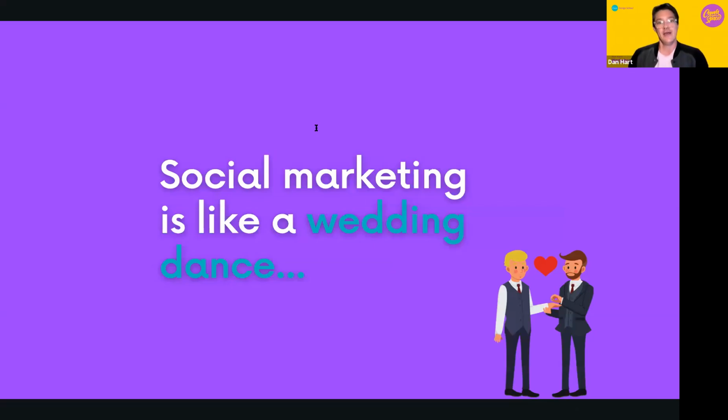So when we think a little bit about social marketing, the first follower becomes important because social media marketing is a little bit like a wedding dance. So I'm sure we've all been there at a really lovely wedding. The couple have shared what is always a stunning, beautiful, lovely first dance. And then they invite the rest of the wedding up to join them on the dance floor.